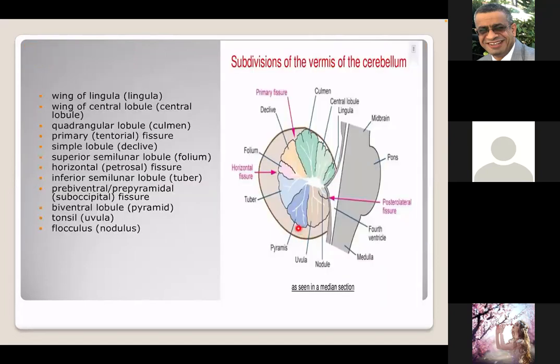The subdivision of the vermis is the same as the cerebellum, subdivided according to the cerebellar lobules: lingula, central, culmen, declive, and folium, tuber, and pyramid, uvula, and the nodule.